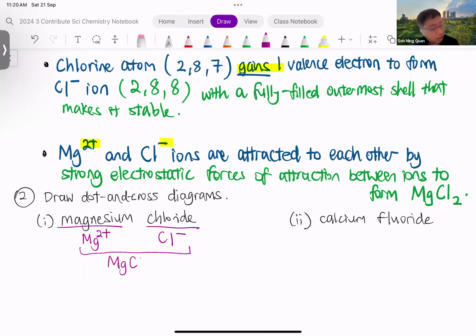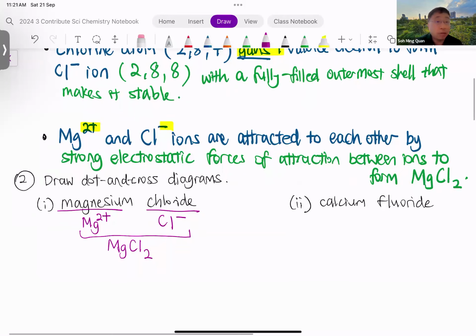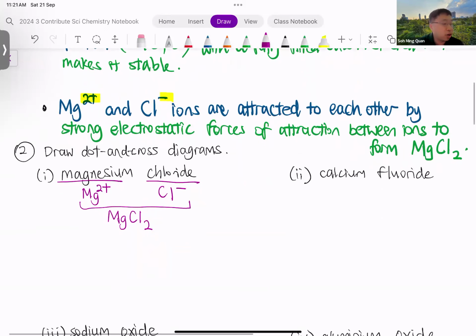Therefore, it has to be MgCl2. Okay, 2 times of the Cl- to balance out the positive charge on the magnesium ion. Now, this formula is important because you need to know how many Cl- to draw inside the dot and cross diagrams.